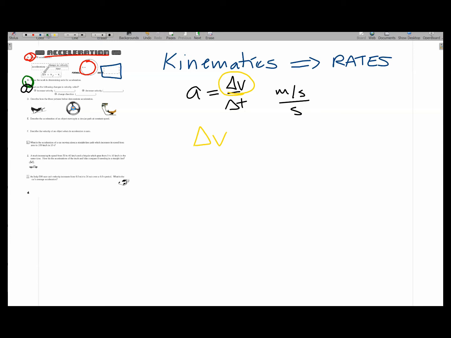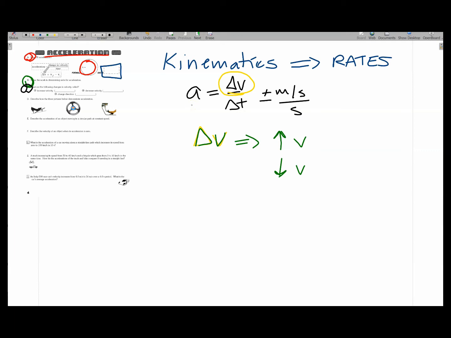I can change my velocity by going faster, an increase of velocity. I can go slower. I can change my velocity by slowing down. And remember, velocity is all about vector quantities. So really my acceleration units definitely want to consider direction. Acceleration is also a vector quantity.